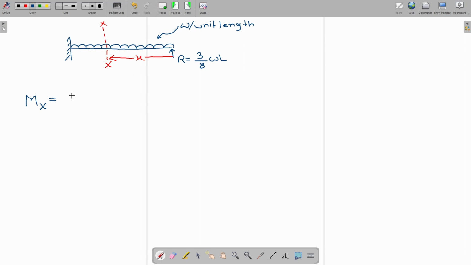I'm going to consider here minus R into X plus W, which is the UDL, into X is the distance, into X by 2. What we did is that we converted the uniformly distributed load into a point load. Okay, W into X, and we consider the centroidal distance from here, which is X by 2.